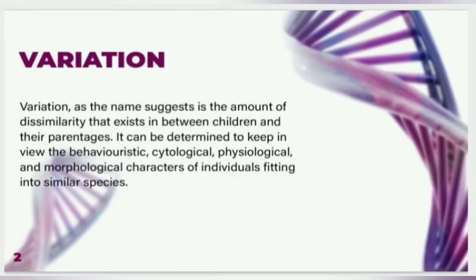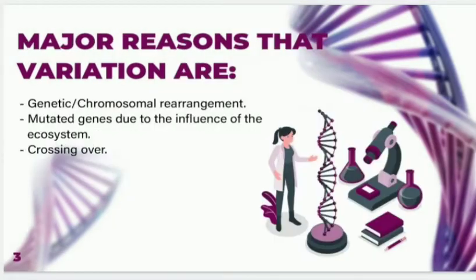Variation. Variation, as the name suggests, is the amount of dissimilarity that exists between children and their parents. It can be determined by keeping in view the behavioral, cytological, physiological, and morphological characters of individuals belonging to the same species.